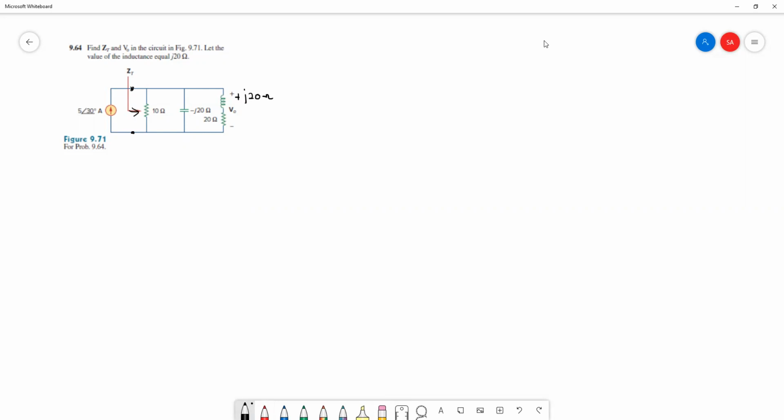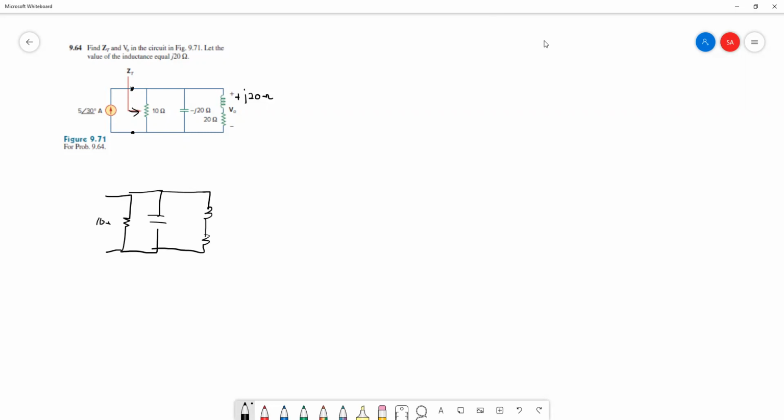So this circuit, as you can see, has already been converted into the phasor domain, so we don't need to do any conversion. What we need to do is just draw it again. We have the L, and then the resistor here.